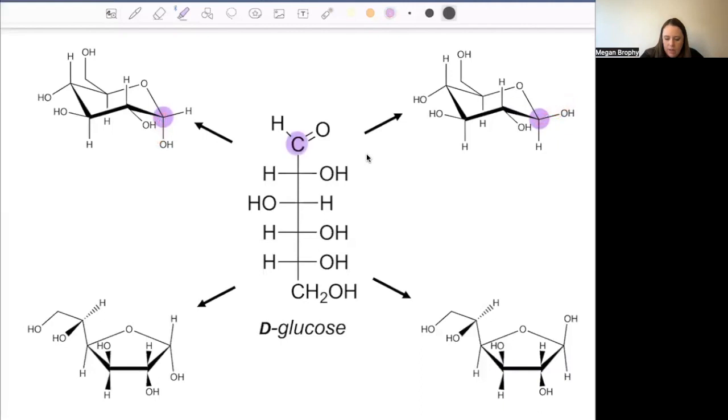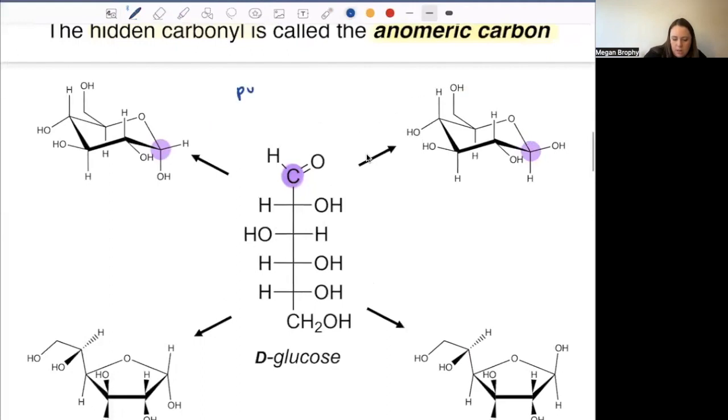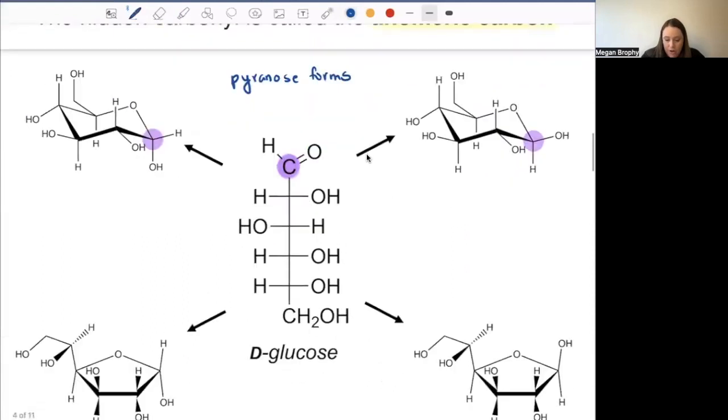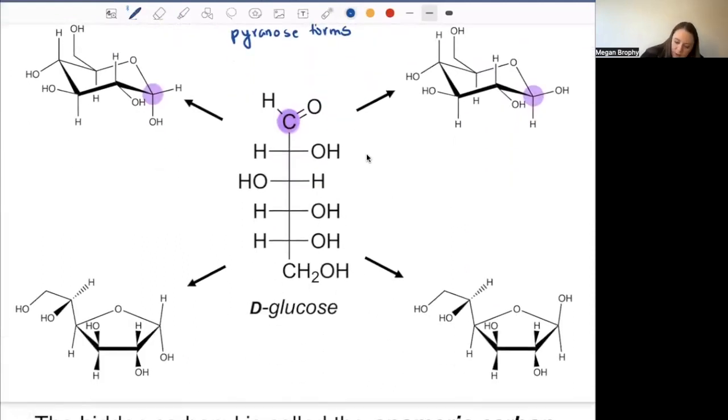So this is our carbonyl or anomeric carbon. The 6-membered rings are what are called pyranose forms. And then in the case of glucose, we can also make 5-membered rings. For the 6-membered rings, we're going from C1 to C2 to C3, C4, and then from C5, the hydroxyl group on C5 is being used to make the ring.